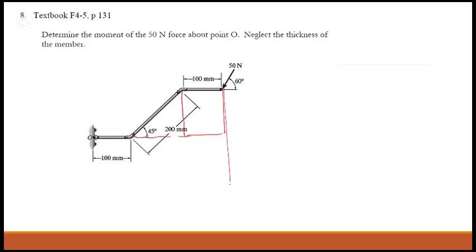One force will be like this. So that is your perpendicular distance for that. And the other one will be like this. So perpendicular distance is that. So you have to divide this 200. This side it will be cos 45. This side it will be sin 45. With 45 it doesn't matter, sin or cos, you get the same answer, but still it's good to follow the same method.